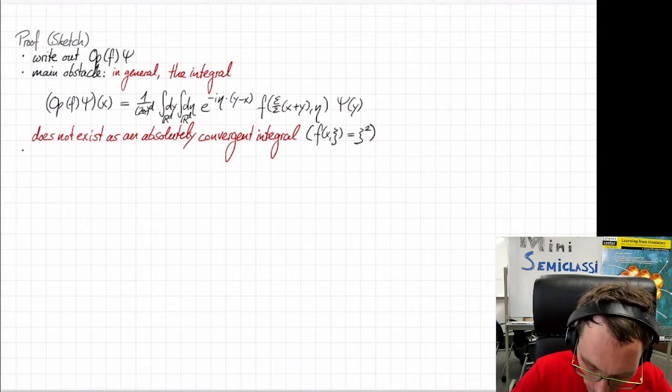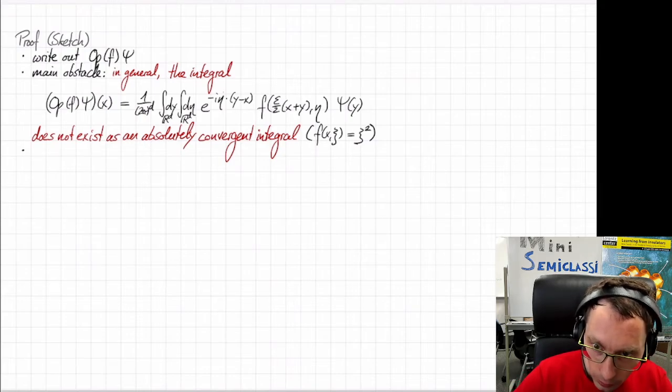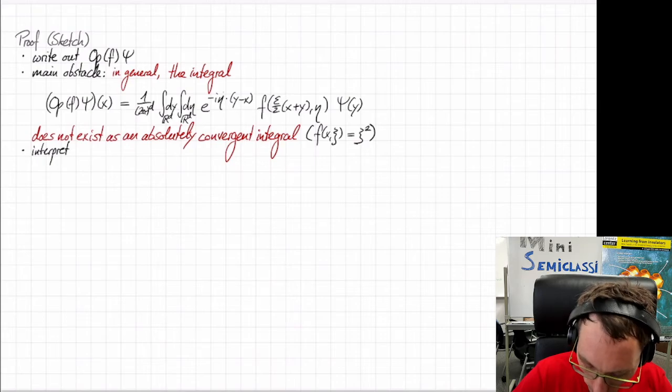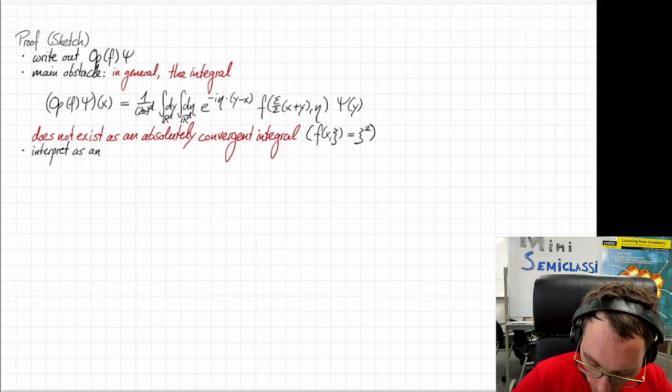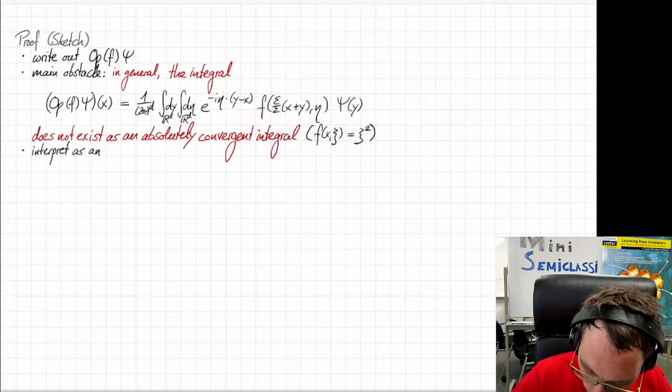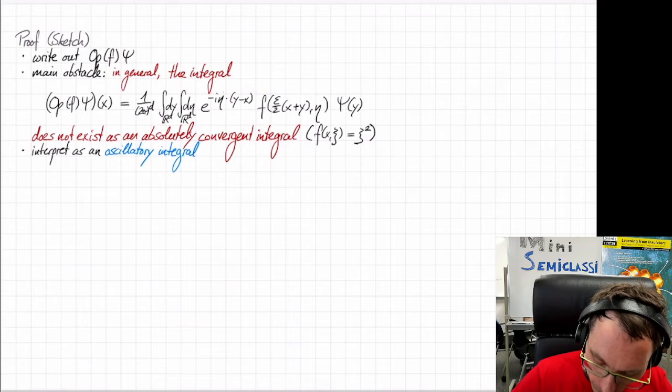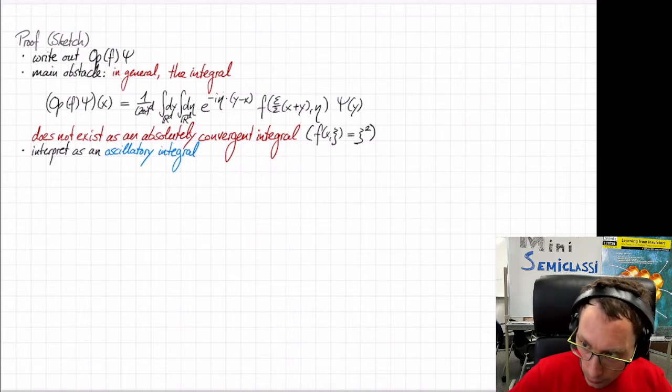But of course, this does not exist as an absolutely convergent integral. So what we have to do is interpret the integral as a so-called oscillatory integral, which is defined via a regularization procedure.